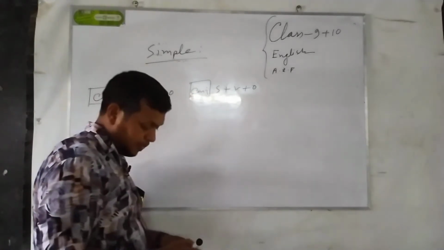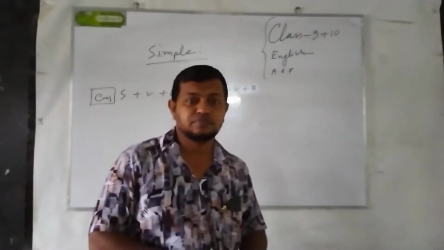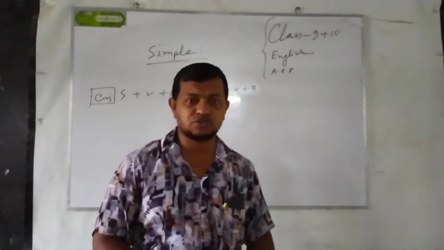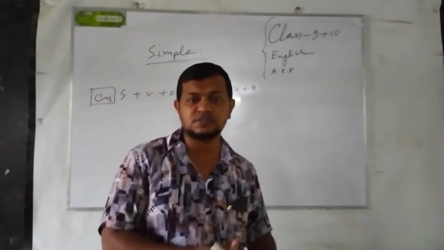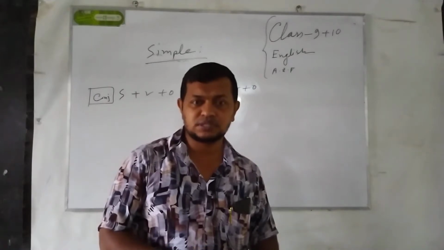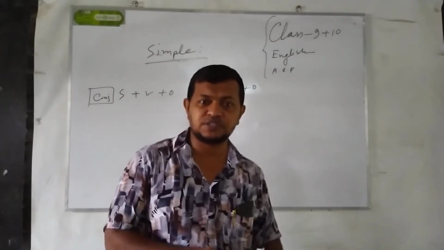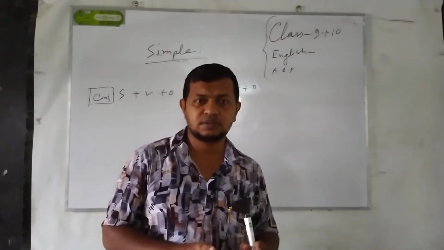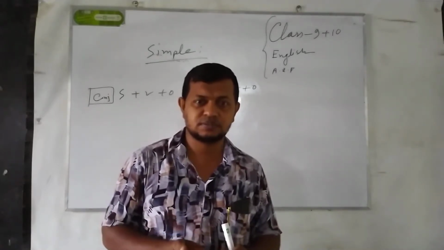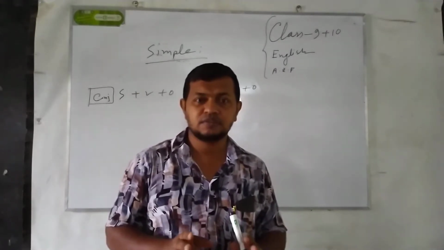Whenever we understand this is a complex or compound sentence, we have to change it to a simple sentence. You have to make the first sentence a phrase. Do you understand? Make a phrase.